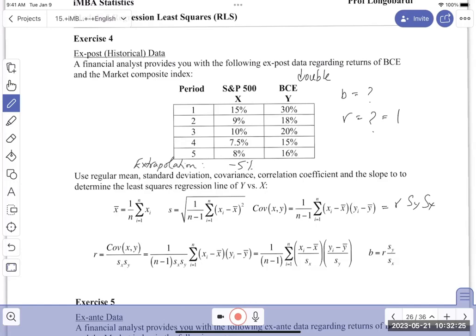Minus 2.5. Or the other way, double, right? You told me double. Negative 10%. And so in this way, we see the sensitivity or the riskiness of BCE returns. It's all nice and good when the economy is doing well, but if the economy is on a downturn, BCE does devastatingly bad.